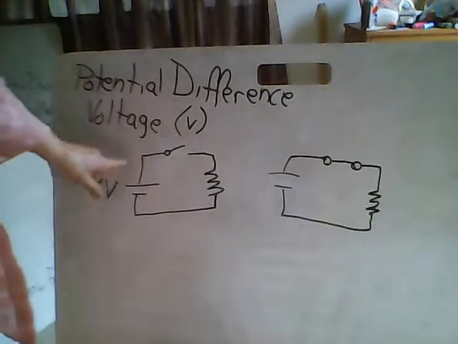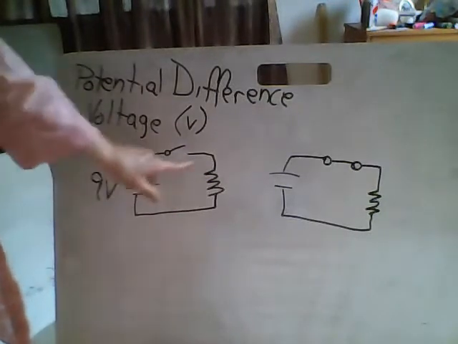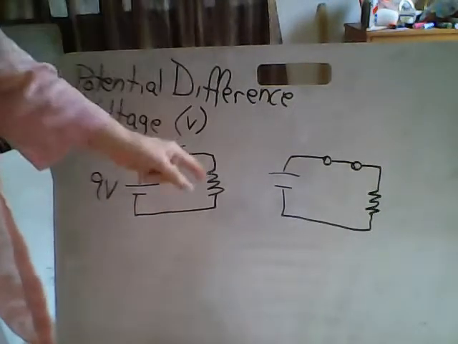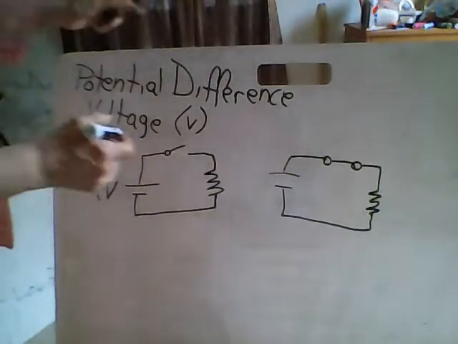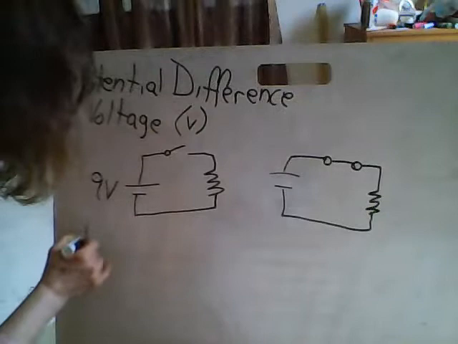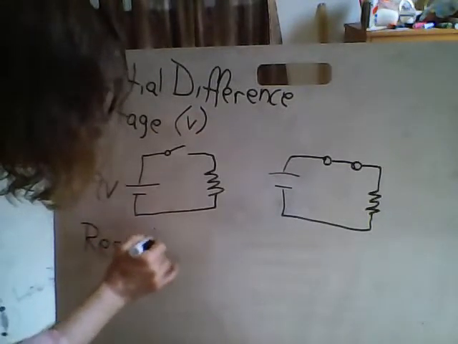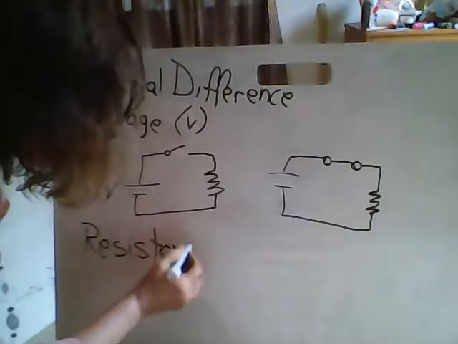Now, let's look at what else we have happening in this circuit. We have a resistor. Let's say this is a 1 ohm resistor. I want to talk a little bit more about resistors.